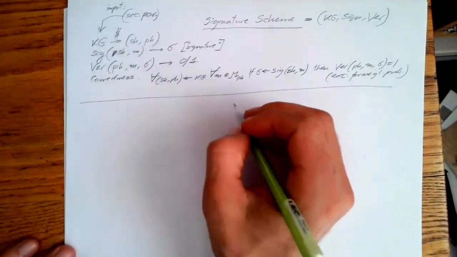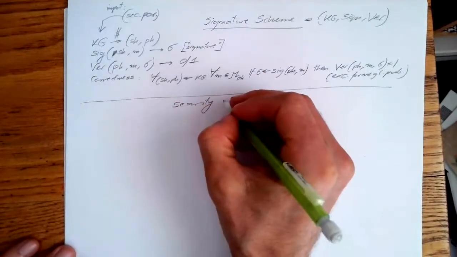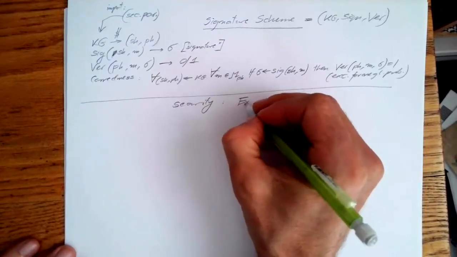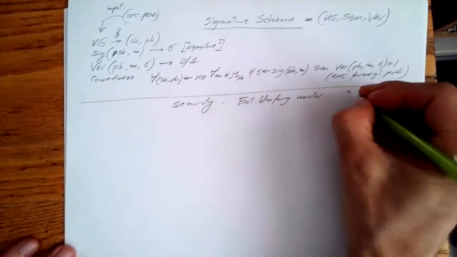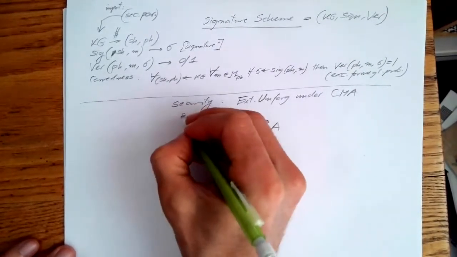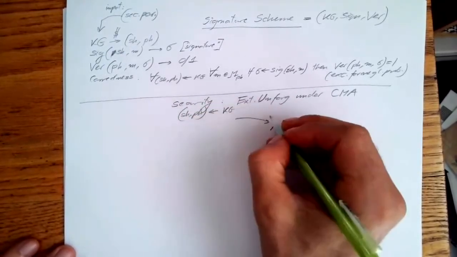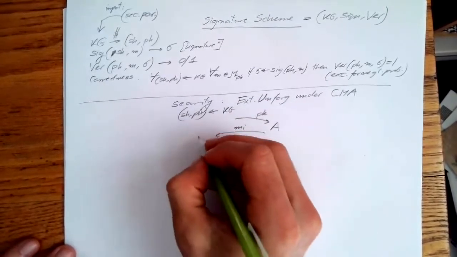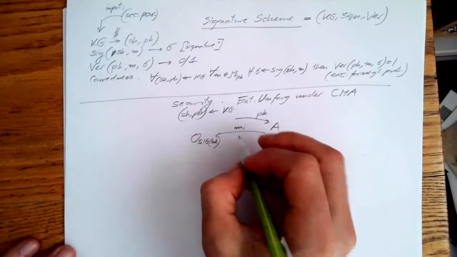Okay, and a security notion, again we have to recall this, is existential unforgeability under chosen message attack, which goes like this. A random secret key, public key pair is generated. Adversary gets the public key. He has access to a signing oracle that has the secret key.